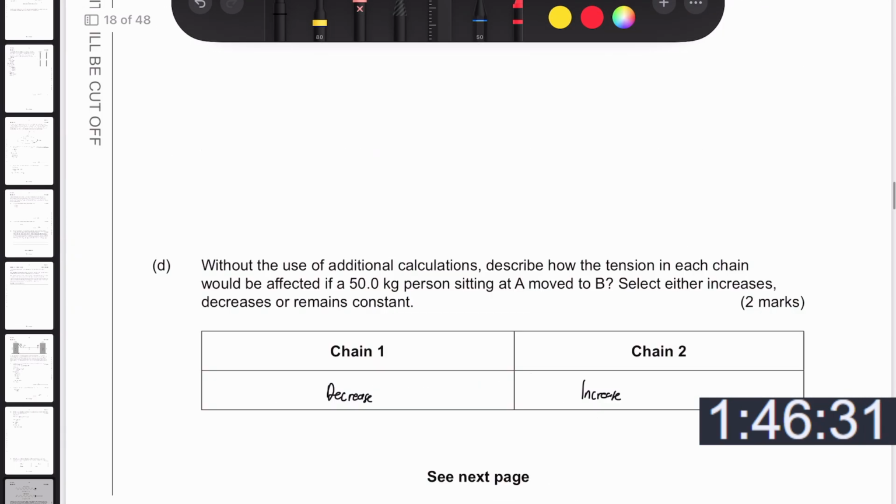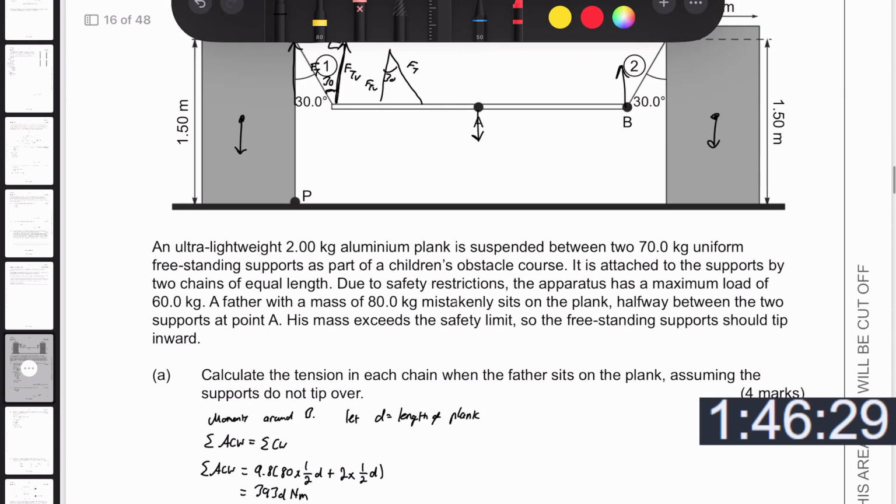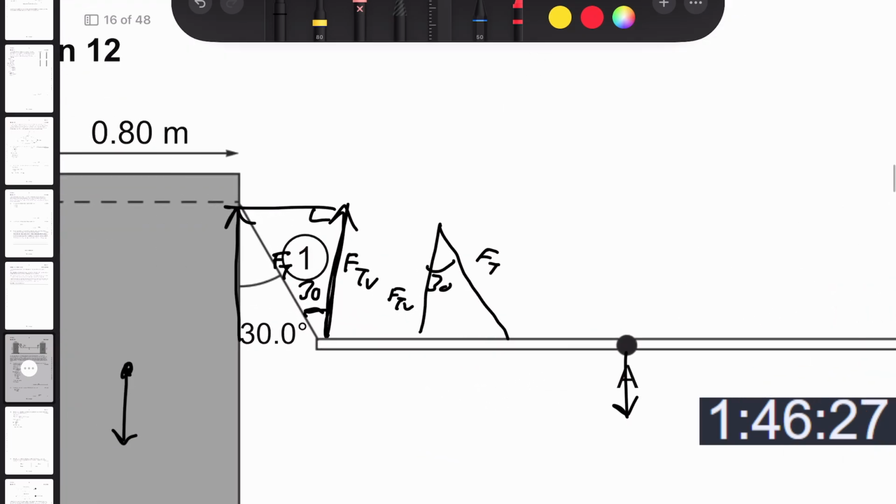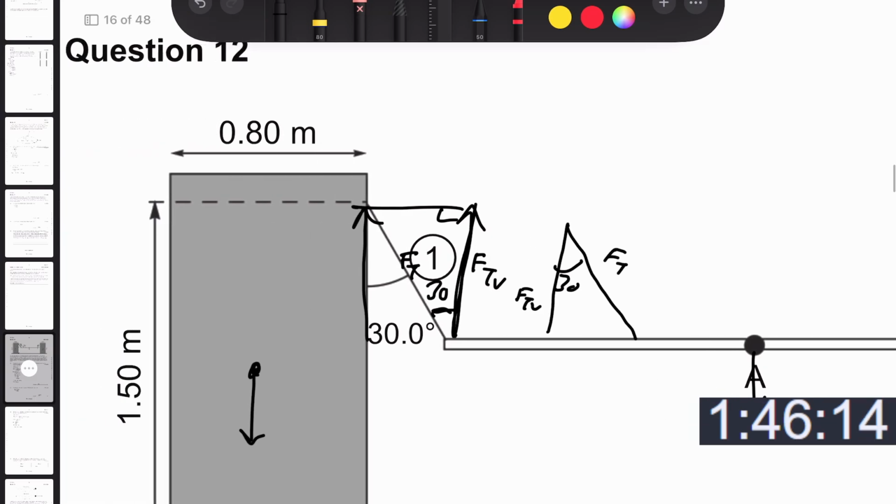Just thinking about the above question, this one. Moments around P. Because we'll be pulling inwards like that, but at an angle.